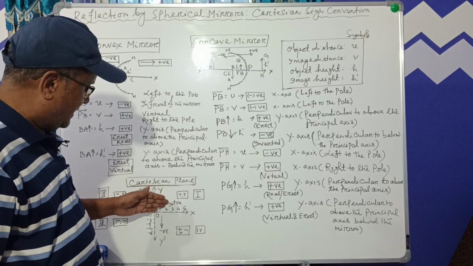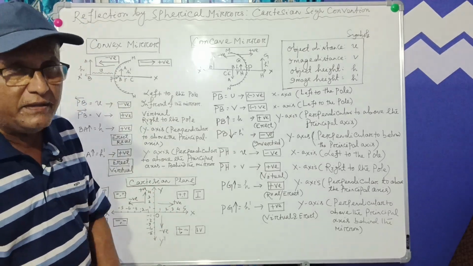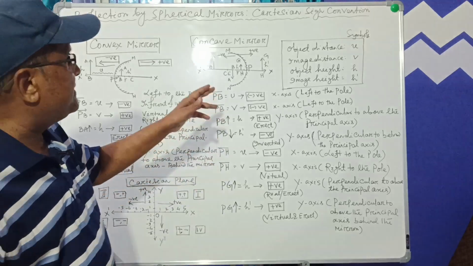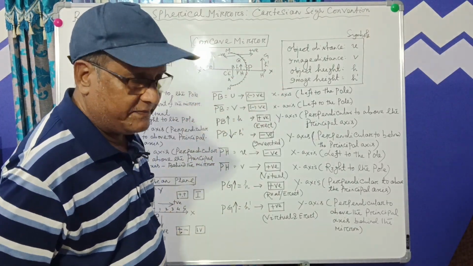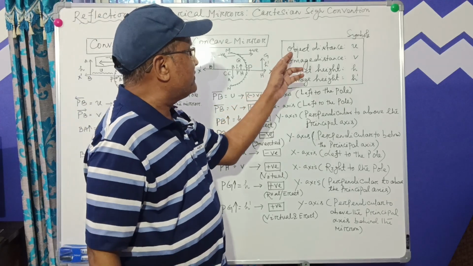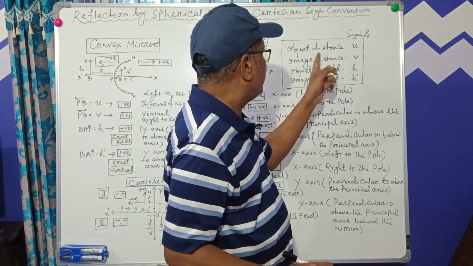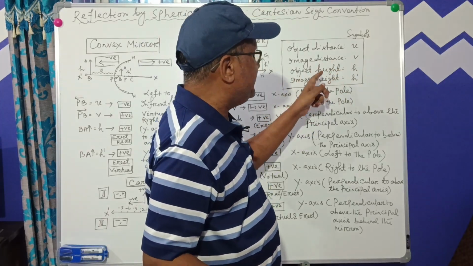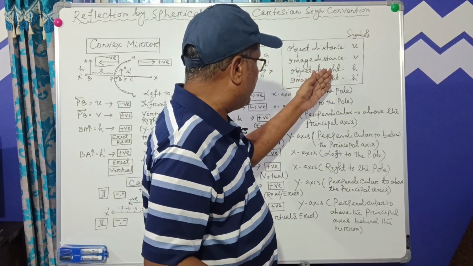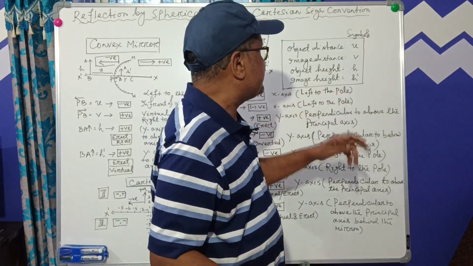We shall use this principle in measuring our object distance, image distance, object height, and image height. Object distance is denoted by the symbol small u, image distance small v, object height by small h, and image height h dash.